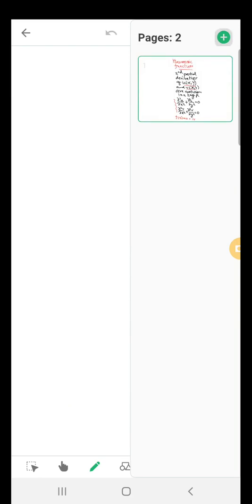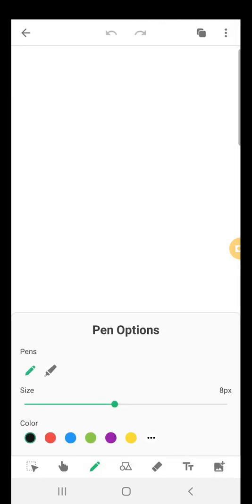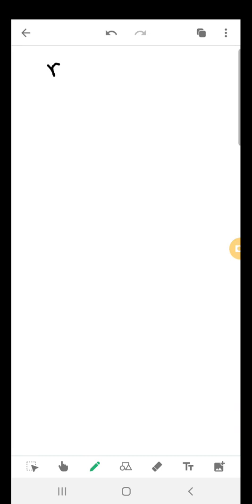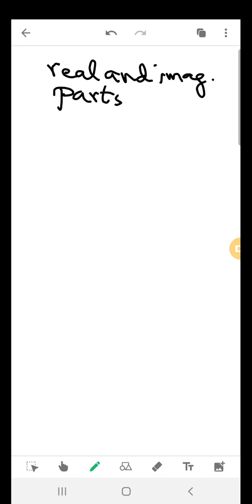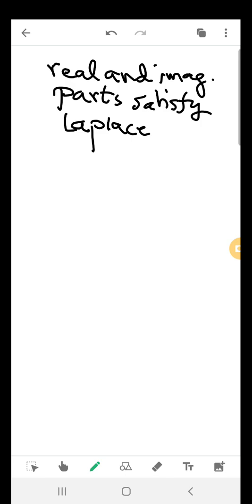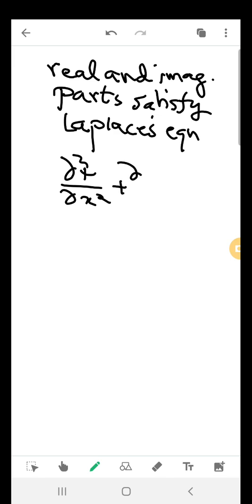Or in other words, you can also say that if the real and imaginary parts satisfy Laplace's equation, that is del square psi by del x square plus del square psi by del y square is equal to 0, or you can say that del square psi is equal to 0.